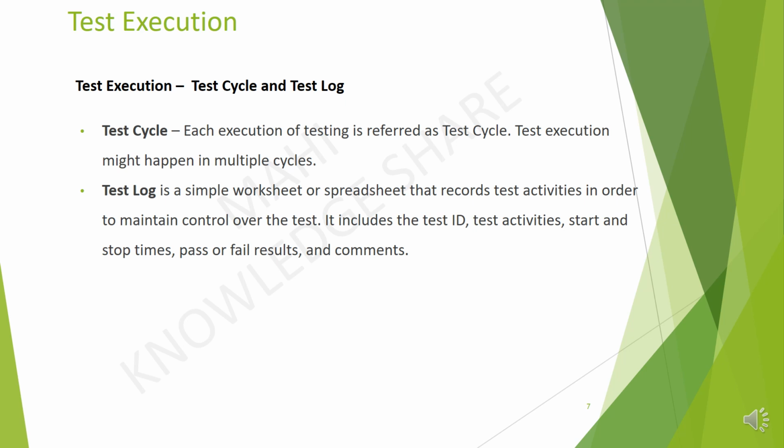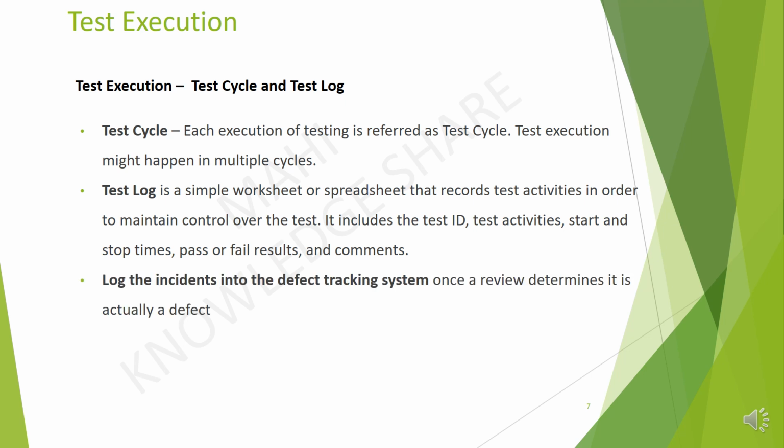It includes the test ID, test activities, start and stop times, pass or fail results, and comments. You can maintain a separate log or can document these details in a test case itself along with the actual results. Log the incidents into the defect tracking system once a review determines it is actually a defect.